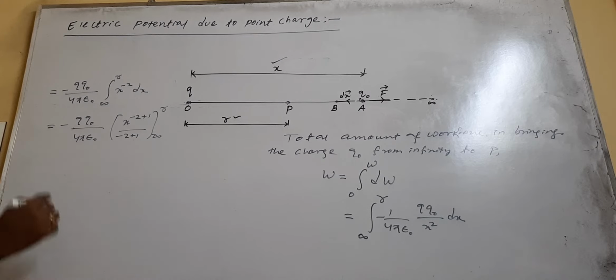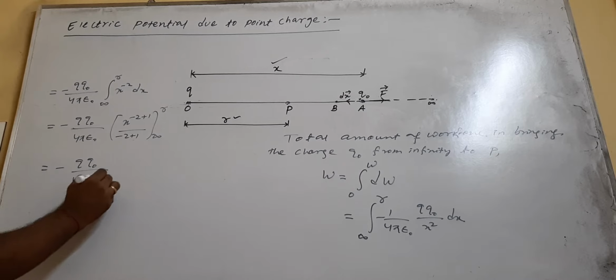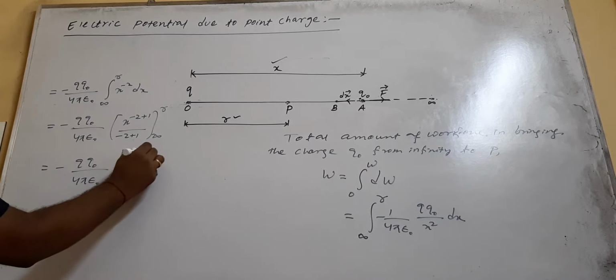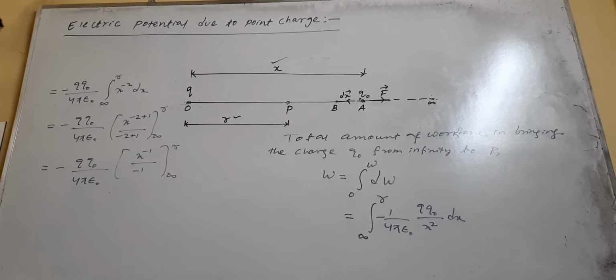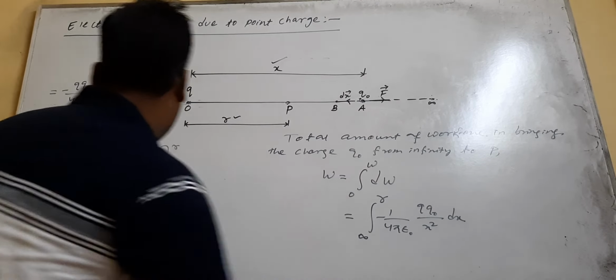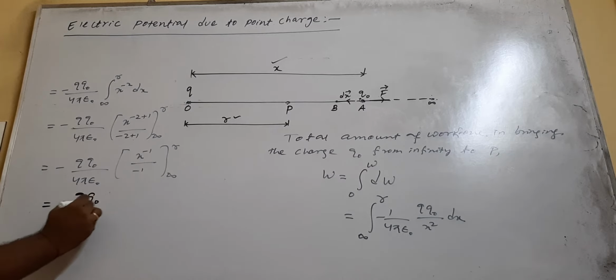So this equal to minus Q0 by 4 pi epsilon 0, it is x to the power minus 1 divided by minus 1. Limit is from infinity to r. So here you see, it is negative sign, it becomes positive.